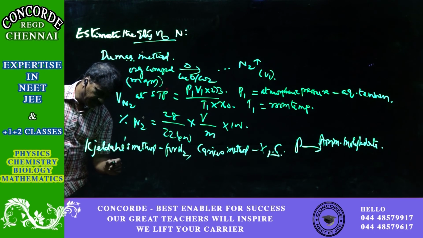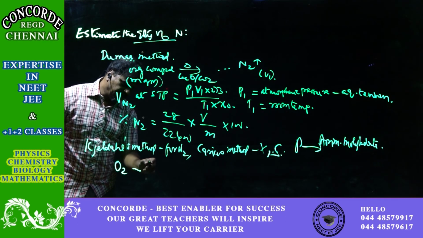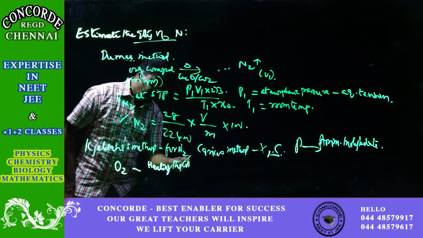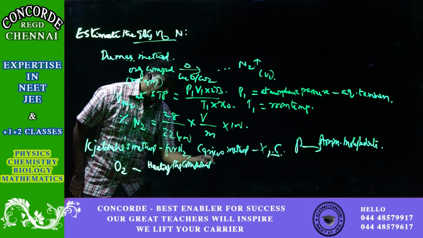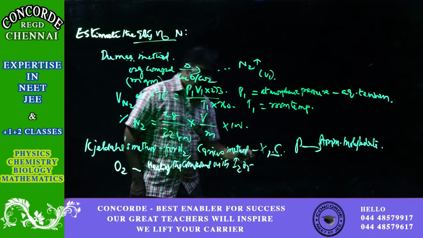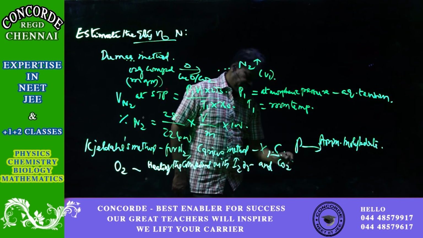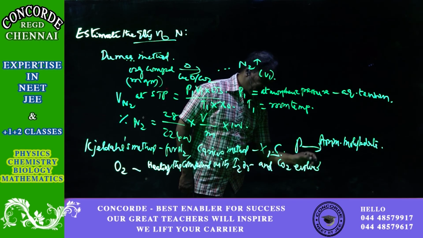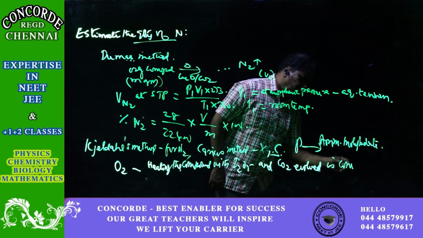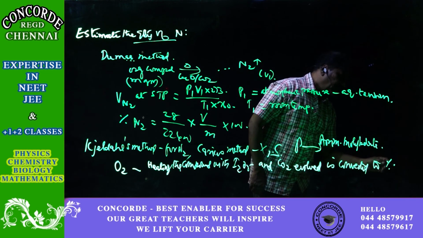You can also get oxygen directly by heating the compound with I2O5, and the CO2 evolved is converted to the percentage of O2.